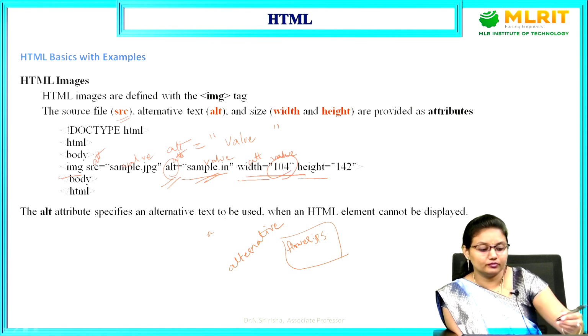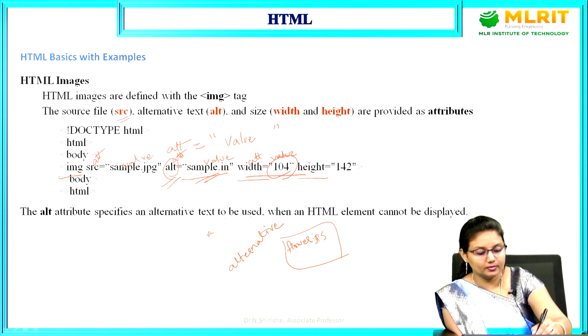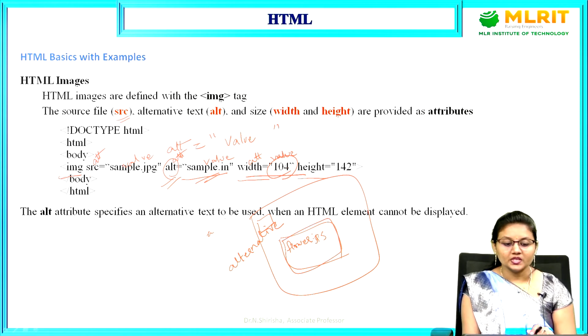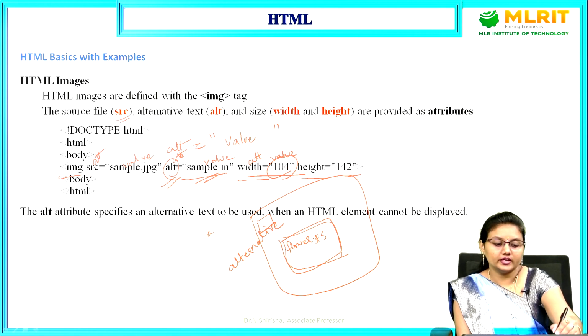Width is 104. Suppose within the browser I want only this much, so its height and width is defined here like 20 by 20. Now here it is given like 104, so some part of your page will be used for displaying. So this is height and width. Again, this is the attribute, this is the value.